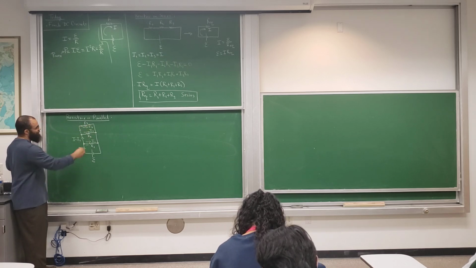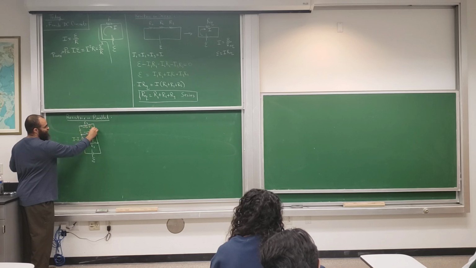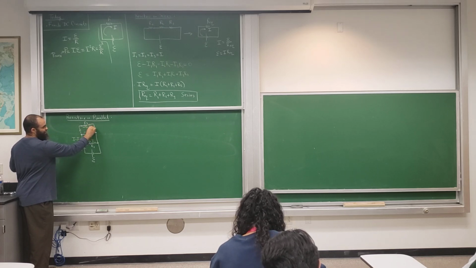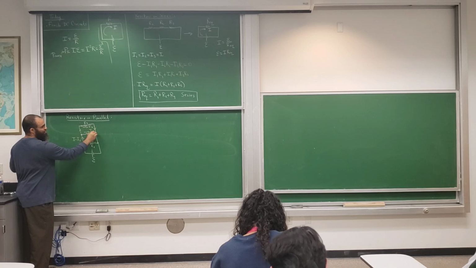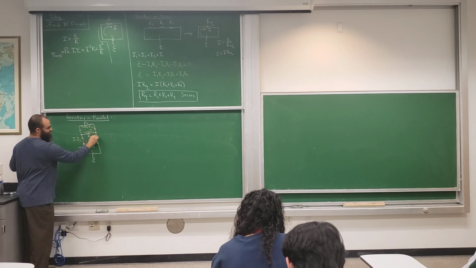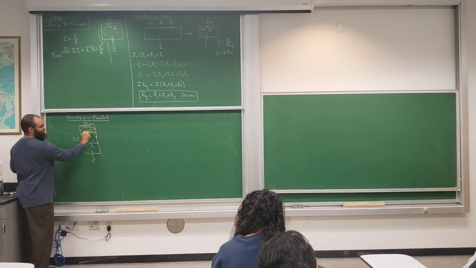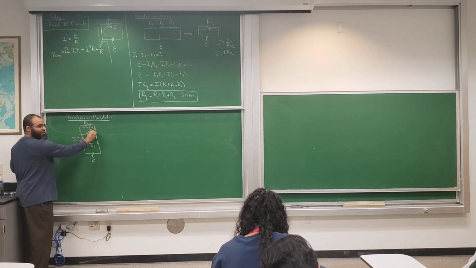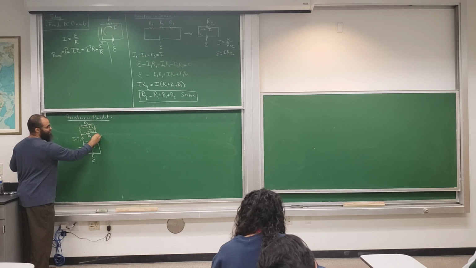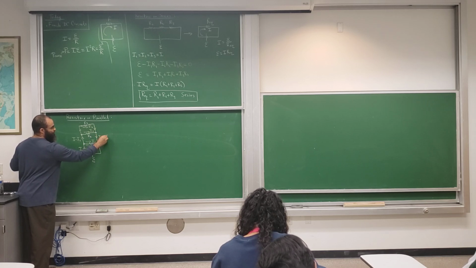Now let's look at what happens on the other side. This is I3, right? So I3 and I2, what comes out? Yes, I2 is going into this junction, and I3 also is going into the junction, so what comes out is the sum of the two. That's the junction rule, right? Remember what it says?